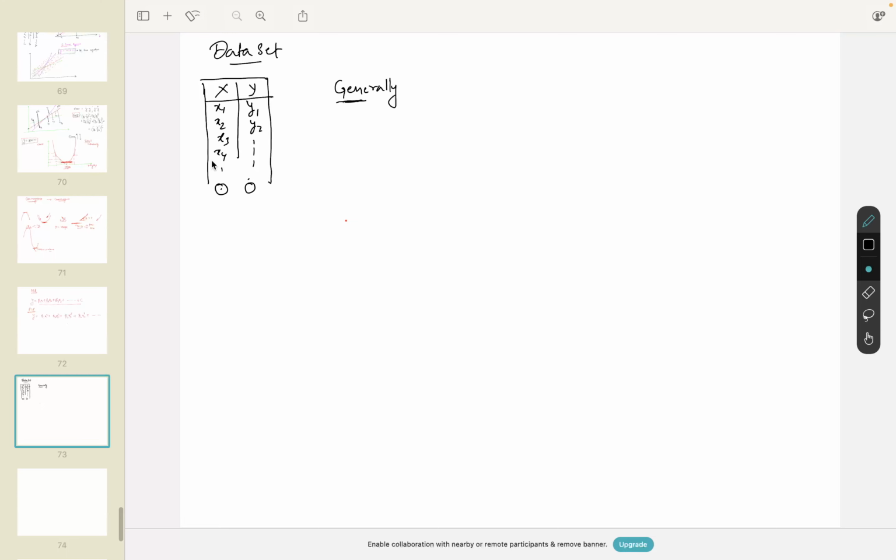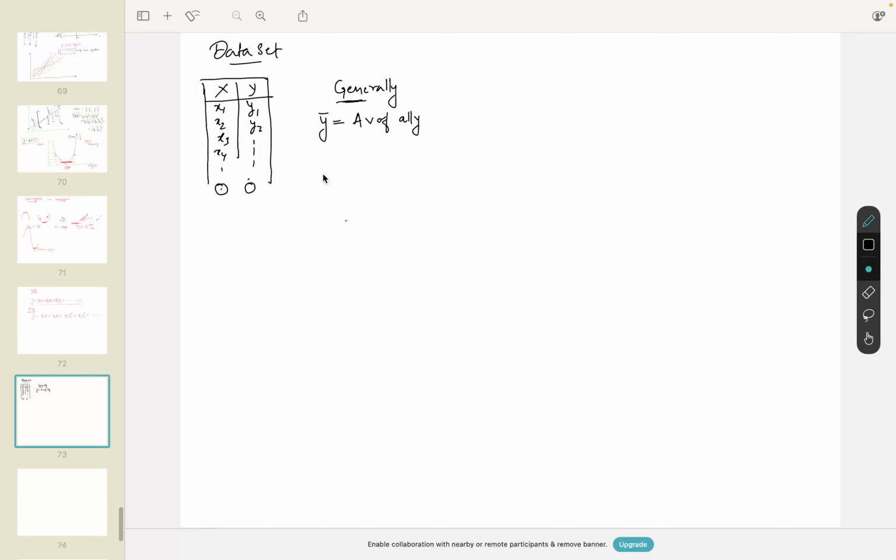Average is one thing. Generally in normal life, when there are variations, we take the general, and general means average, the average of everything. So that is also a prediction. Let me tell you, for example, y average is the average of all y.